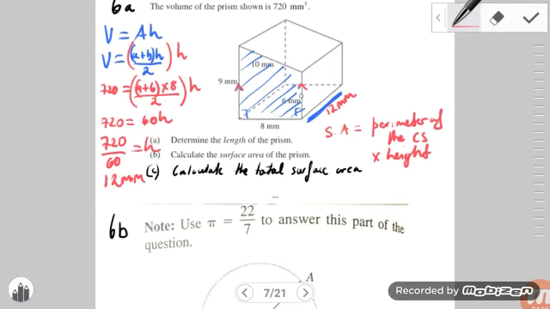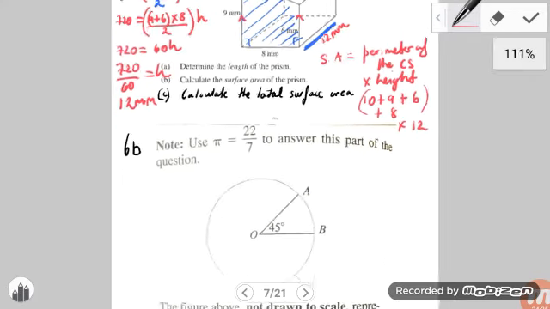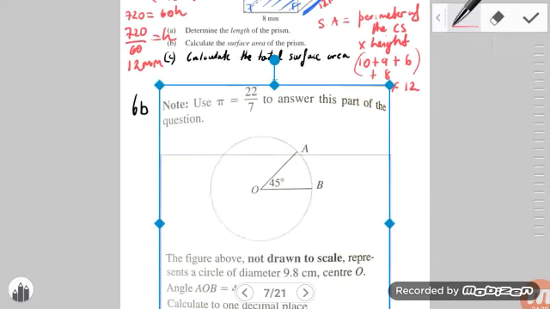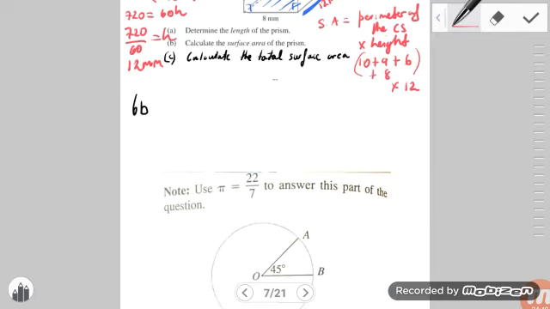So the perimeter of the cross section is going to be 10 plus 9 plus 6 plus 8, and that would be multiplied by the height, which in this case we found earlier to be 12. So 10 plus 9 is 19. 19 plus 6 is 25. 25 plus 8 is 33.